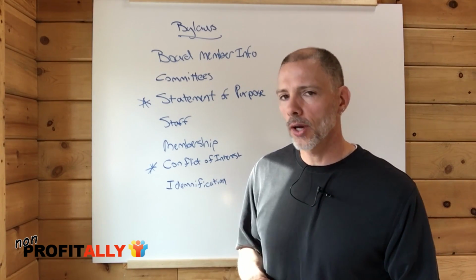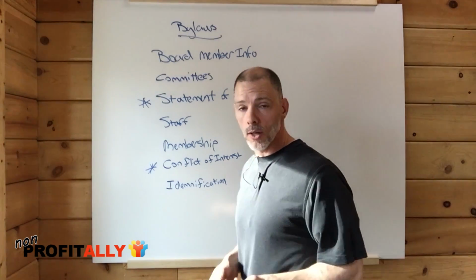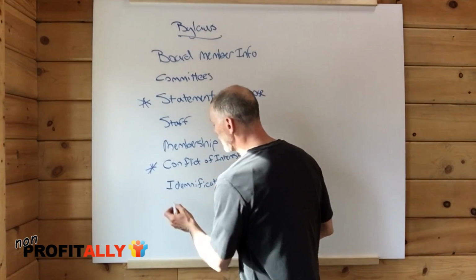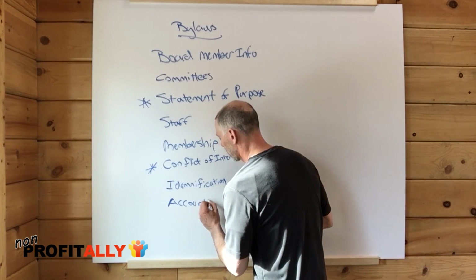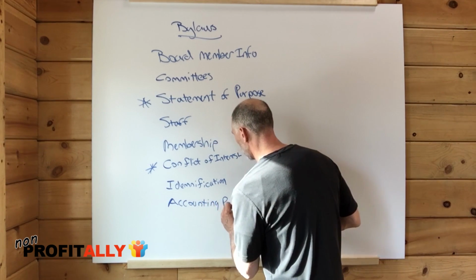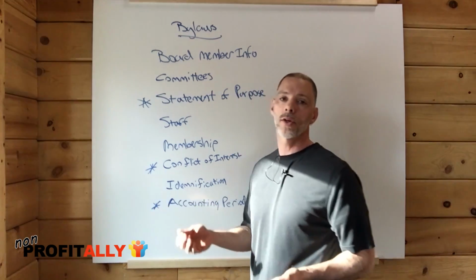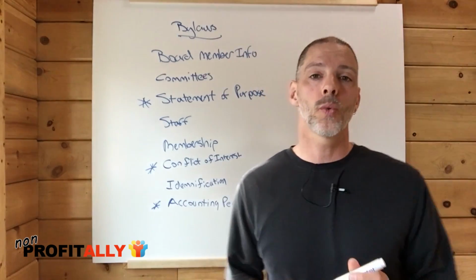A couple more things they're going to want to see. The IRS is going to want to see that you have a fiscal year defined, your accounting period. Your accounting period can be calendar year or fiscal year, and the difference is that a calendar year is January through December. A fiscal year could be whatever you want to set it up as.